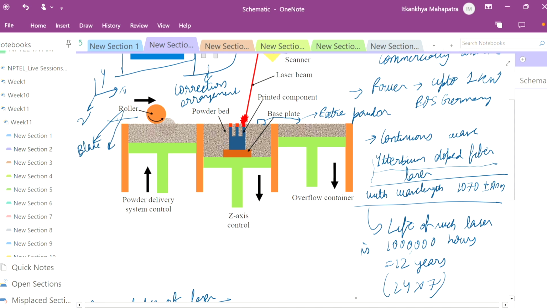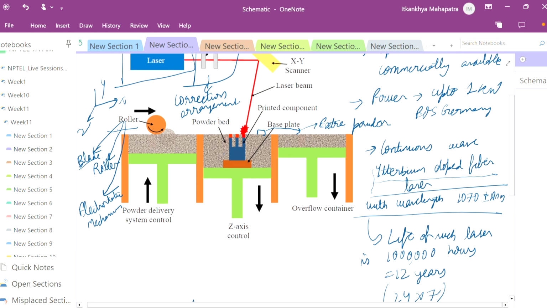This type which is present here is the doctor blade type of roller. There is also an electrostatic mechanism, where we use electrostatic forces to provide a single layer of the powder particles.